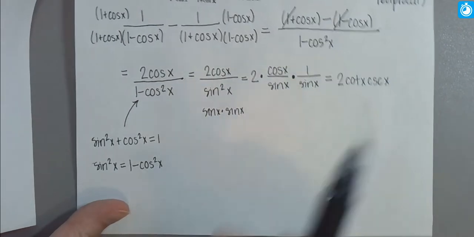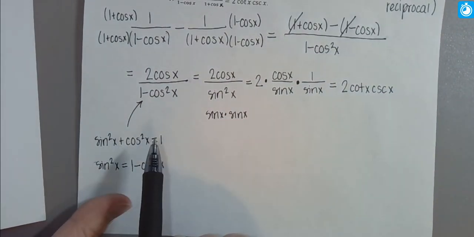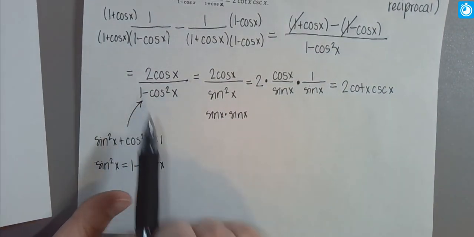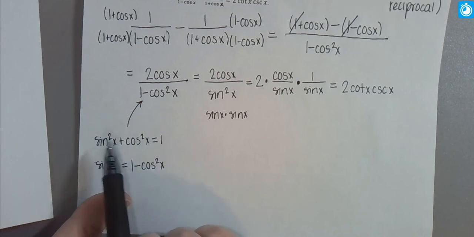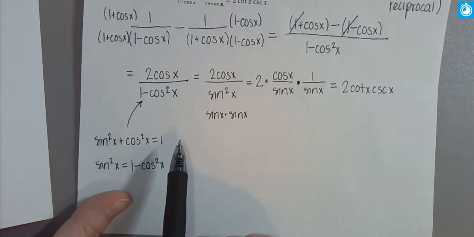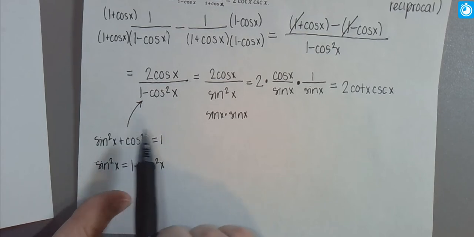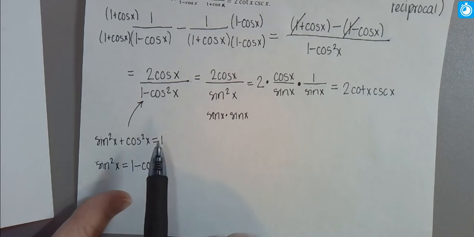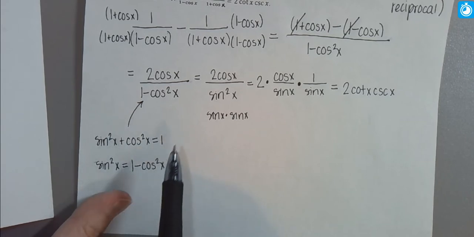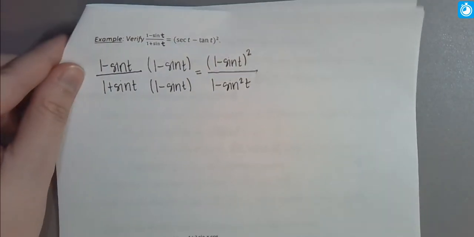So imagine taking that Pythagorean identity, and instead of getting 1 minus cosine squared, what if we got a 1 minus sine squared? What if we subtracted the sine squared from both sides? Well, that would leave us with a cosine squared. So cosine squared is going to be equivalent to 1 minus sine squared, which is what we have right here.